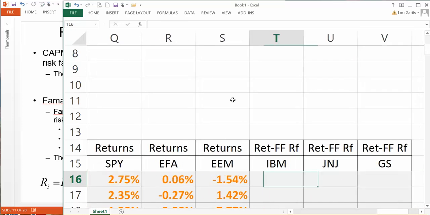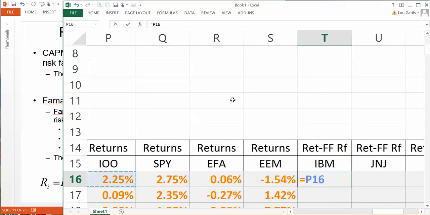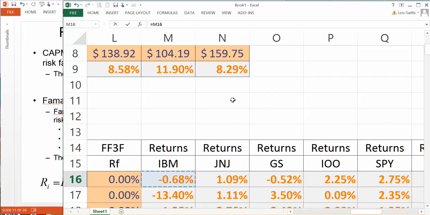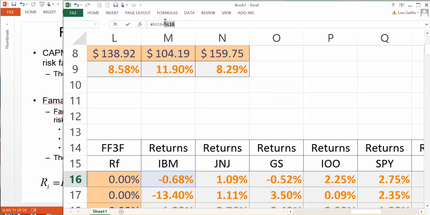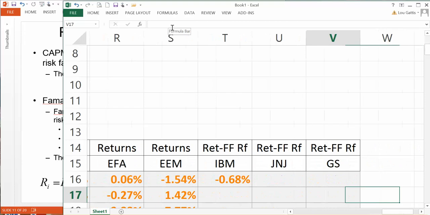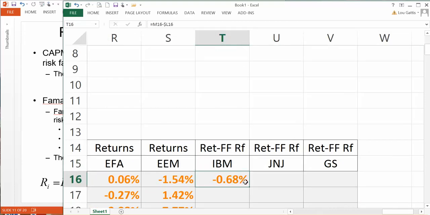So first thing I'm going to do is calculate the excess return of IBM. Just take the return of IBM minus the periodic risk-free rate, which was 0 last month. That's the T-bill rate annualized. I'm going to put a dollar sign in front of the risk-free rate because I want to slide this across and not have it move.